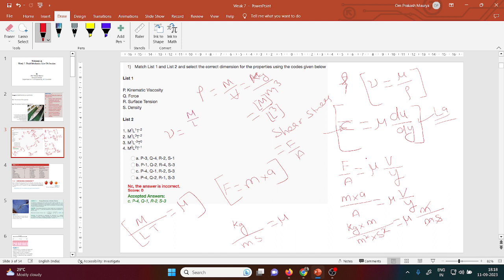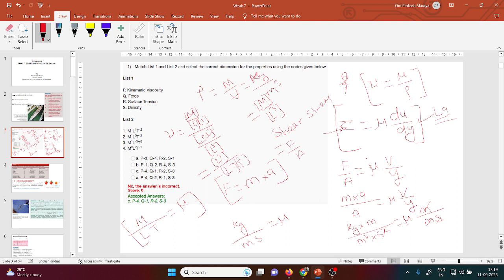So for mu, it is M divided by LT, and rho is M divided by L cube. When you rearrange things, the M and M cancel out, and L cube goes up, divided by LT.